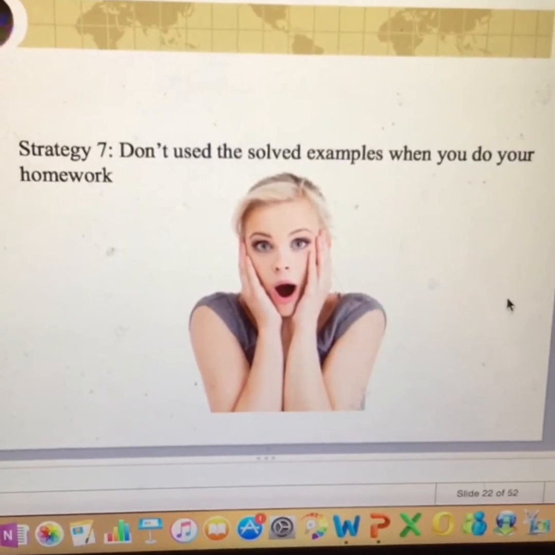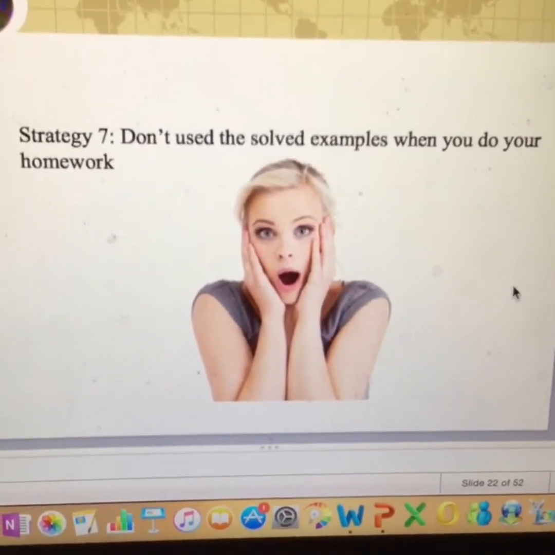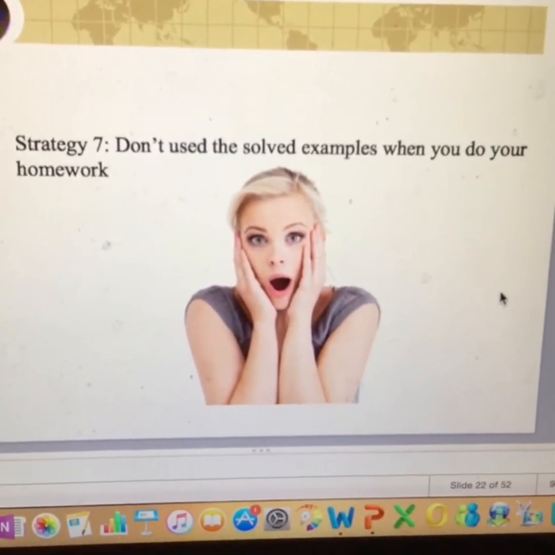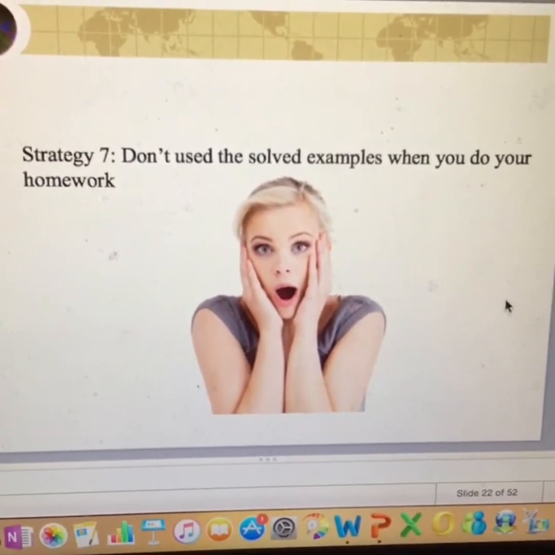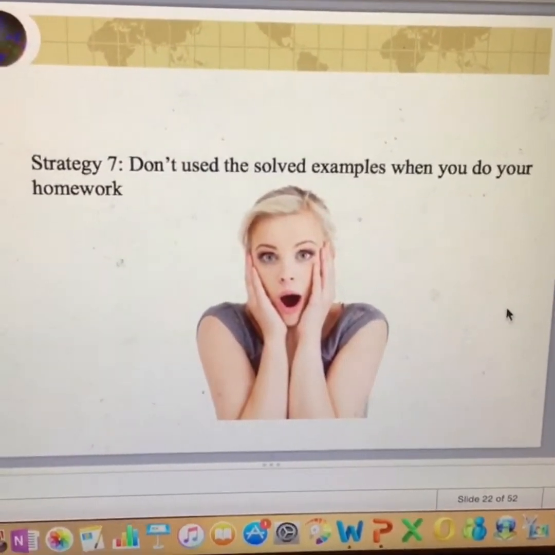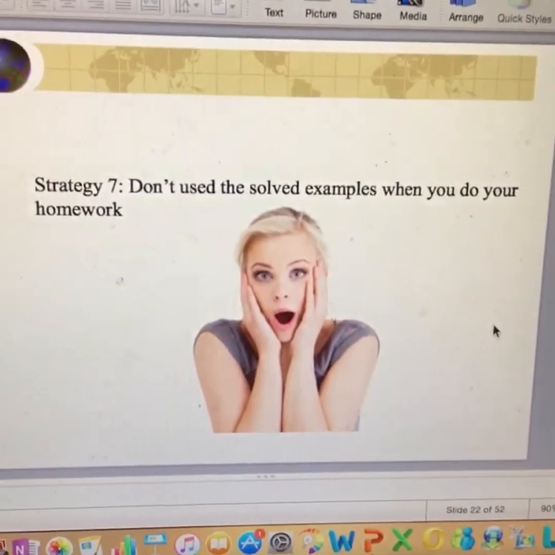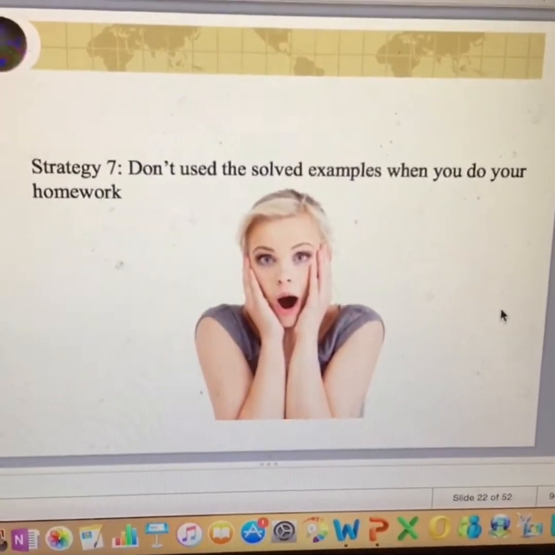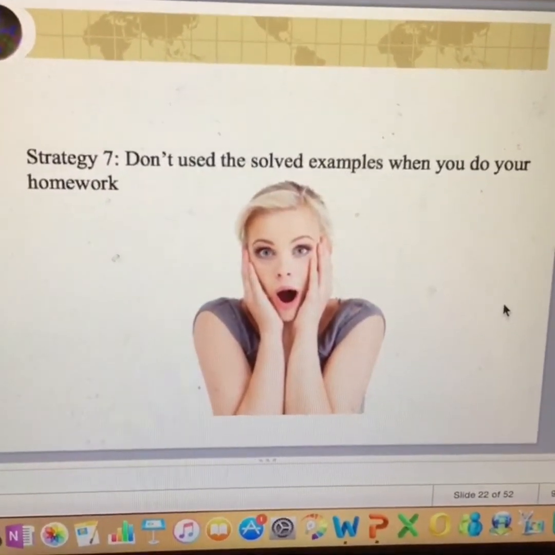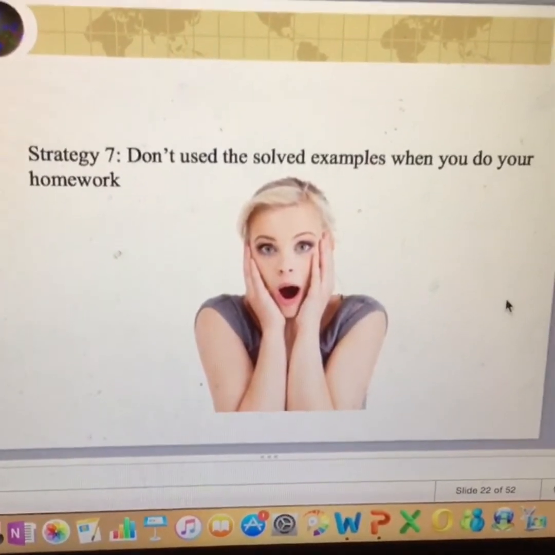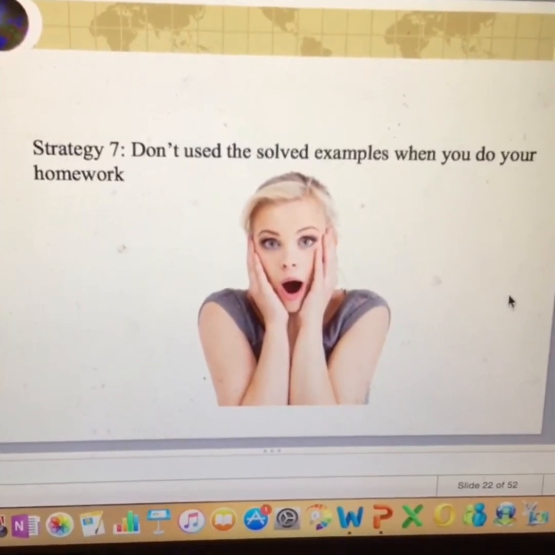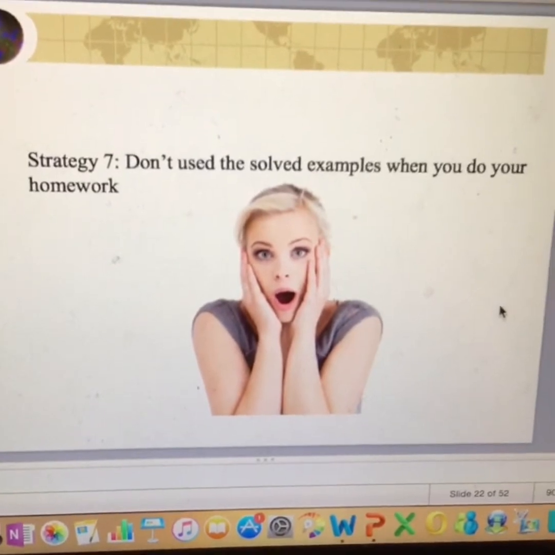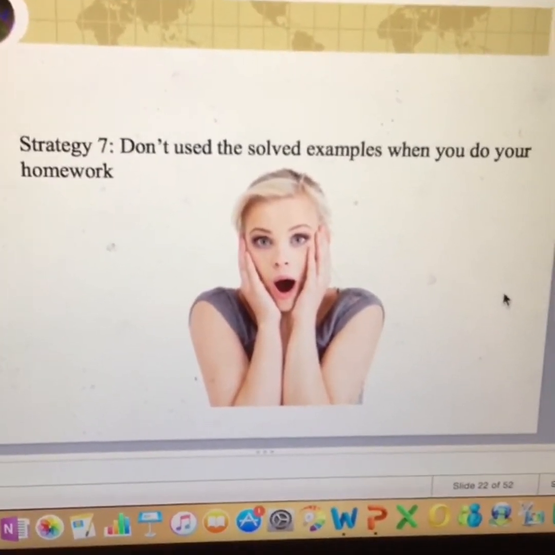This is another strategy that I was surprised by. Don't look at the solved examples when you do your homework. And I think what it really means is don't look at them until you figured it out for yourself. Too many times, if you look at the solutions to the problems, you're only looking at how they got that answer. You're not understanding the principles behind something.